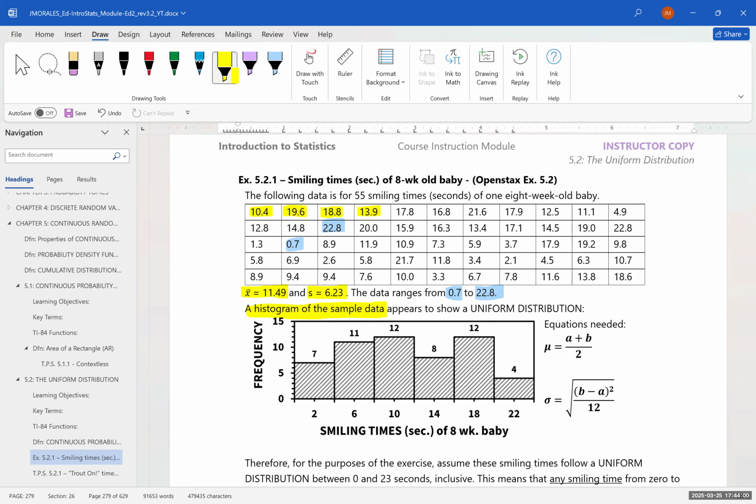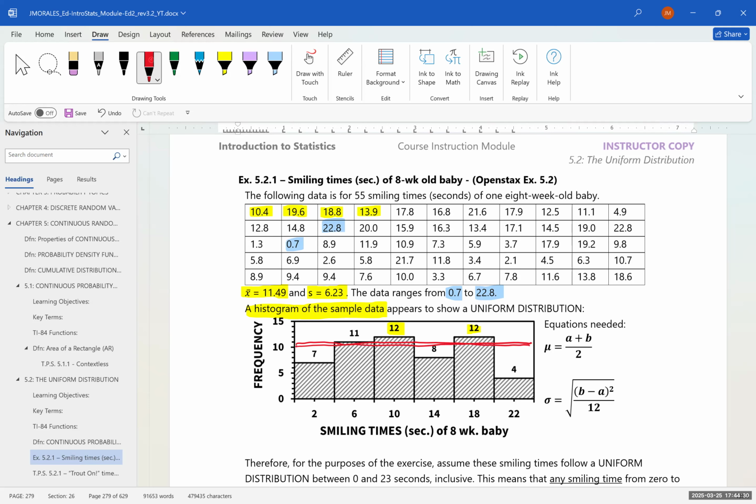It looks like it has two modes, okay? But it doesn't seem to have any particular shape to it, other than maybe a uniform distribution, something like that. So we're going to take the shape of the histogram and say that it's a uniform distribution.